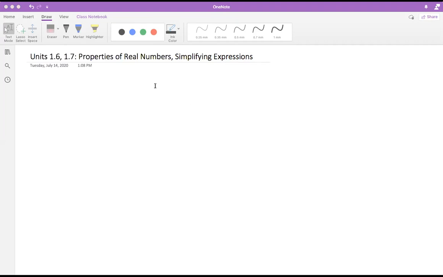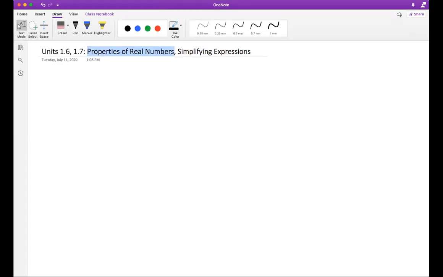We introduced algebraic expressions, equations, and variables before. Today we're going to work a little more with those expressions, see how to combine and simplify them, using these properties of real numbers.